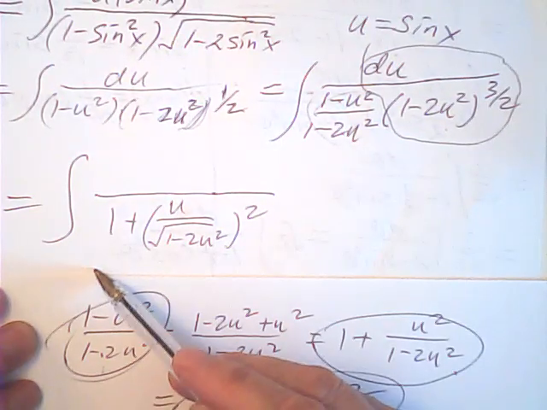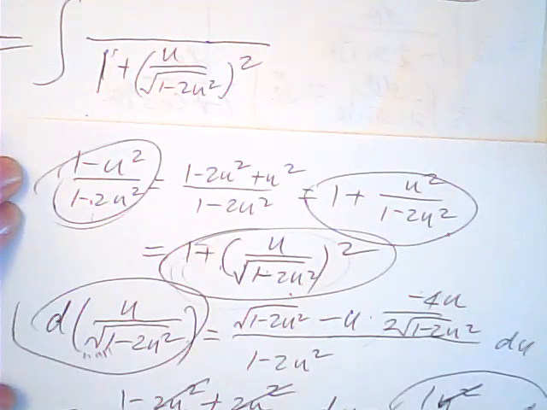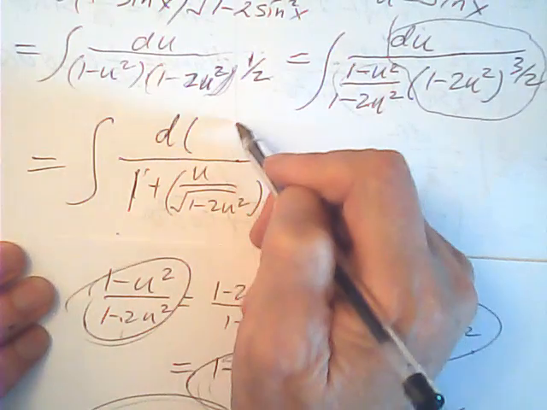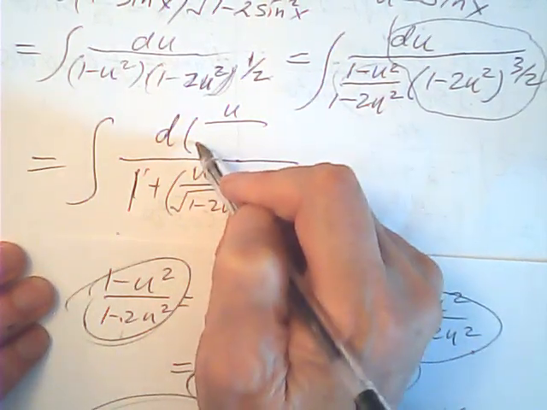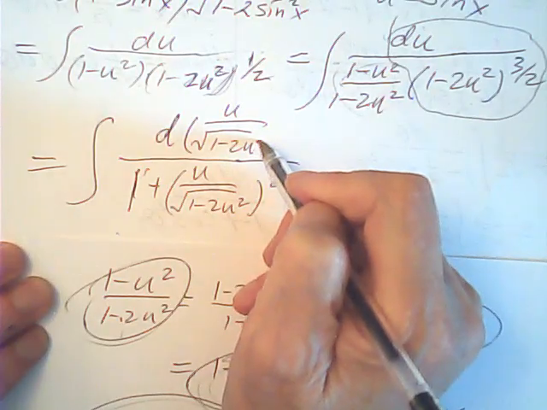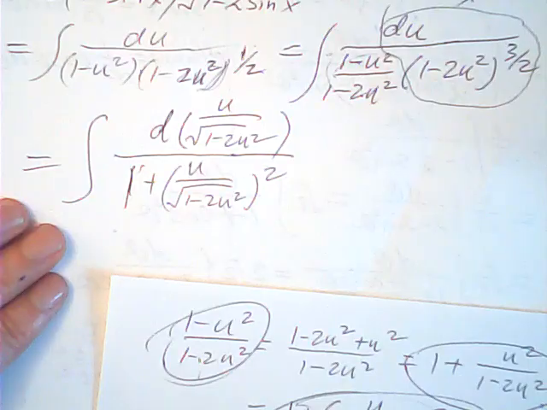So it becomes du over 1 minus 2u square. Yeah.